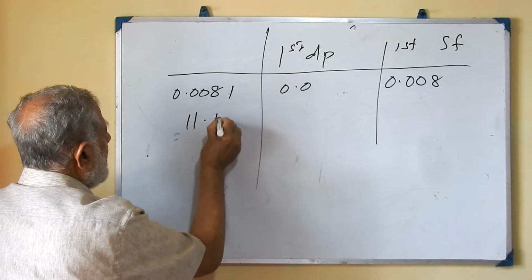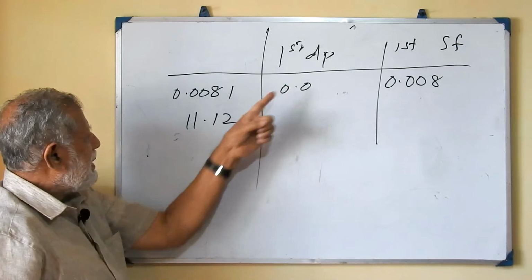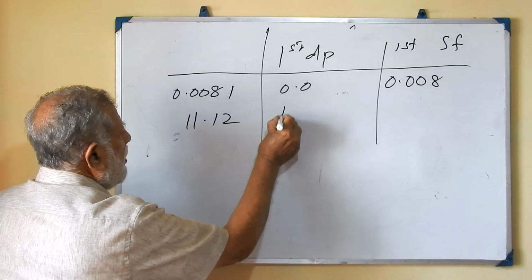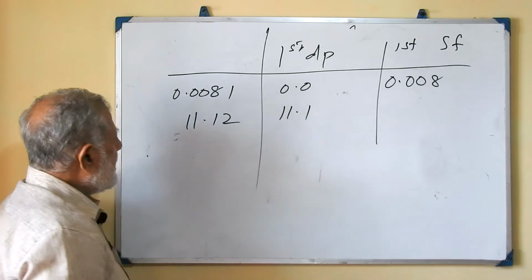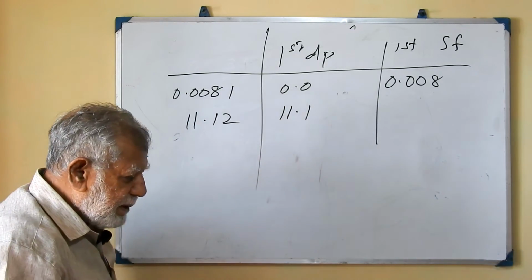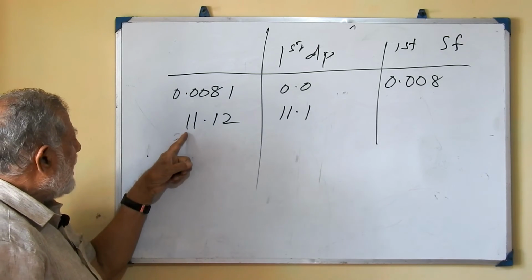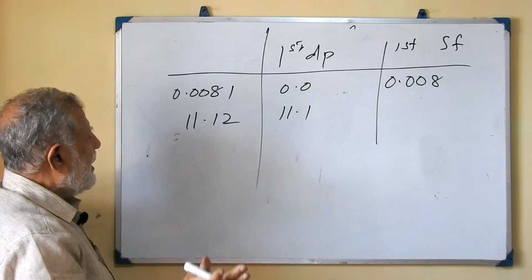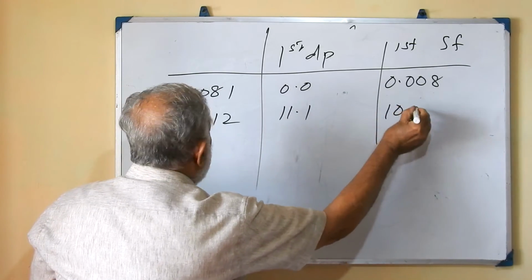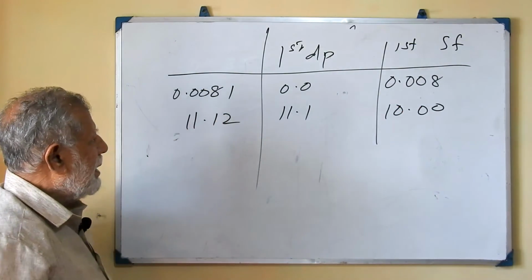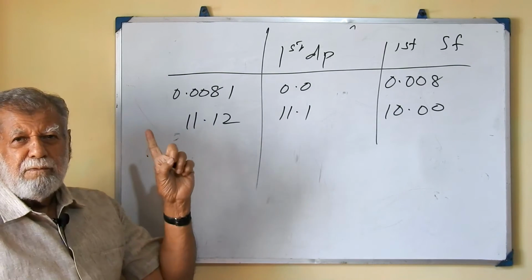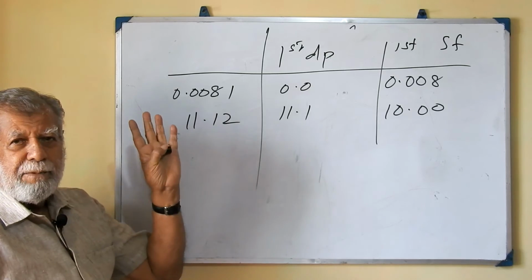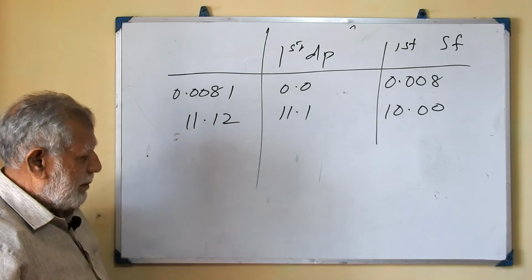We'll take another example, 11.12. The first decimal place is 1 here, so we write it as 11.1. What will be the first significant figure? The first significant figure here is 1, and the next number is 1, less than 5, so we leave it. We want only one significant figure, so the answer is 10.00.